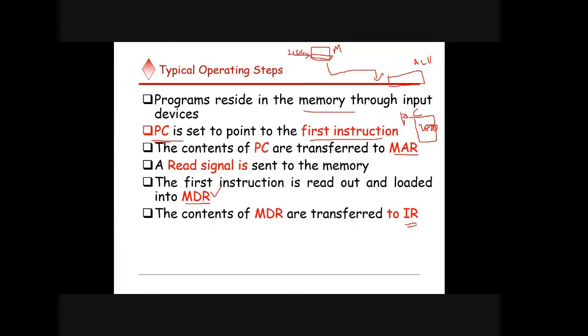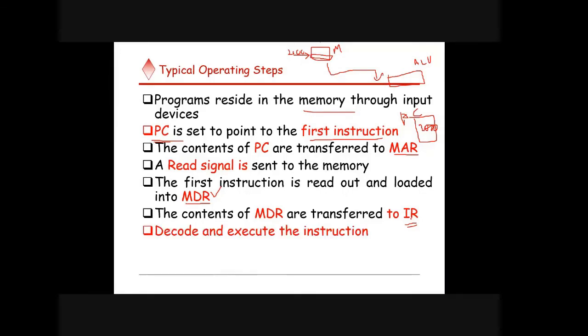Once that instruction is fetched from the memory, it will be stored inside the processor, in another register called the memory data register. The currently executing instruction should also be available in the instruction register, so the MDR content will be copied into the IR register. So this is the initial part.